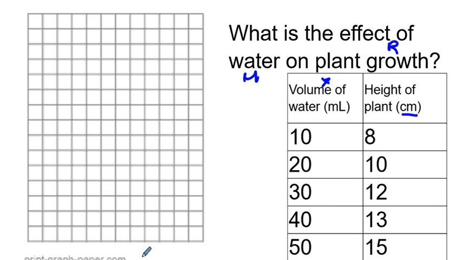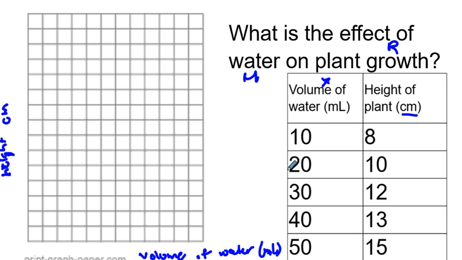So I'm going to label this as volume of water, and I measure this in milliliters. And the y-axis then I'm going to label as the height of the plant, and this is in centimeters.